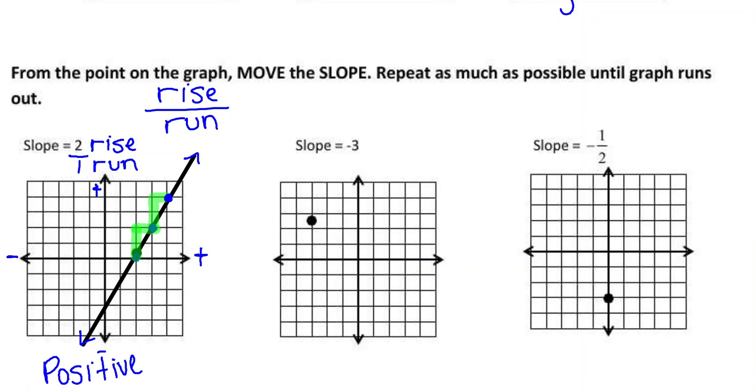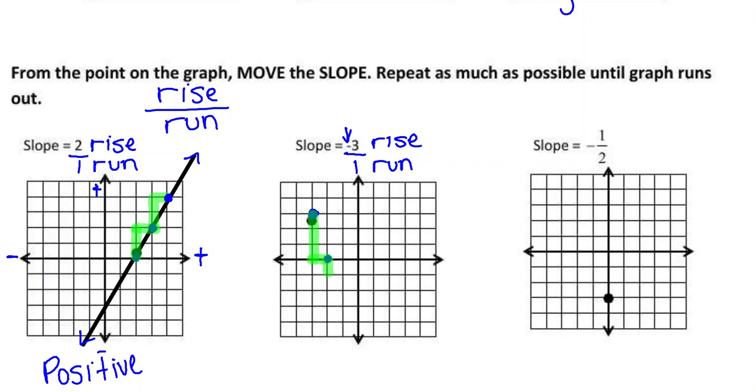Okay, if we look at the next one, whole numbers go over 1. Rise -3, run 1. I apologize, this dot's a little off as well. Because we're rising -3, instead of going up, I actually have to go down. Down 3, then I go positive 1, so it's right there.